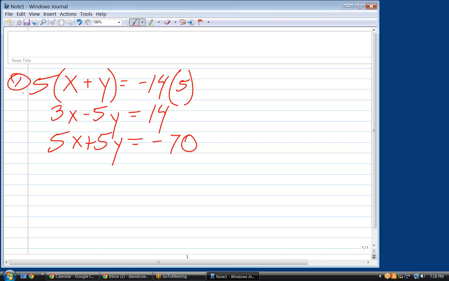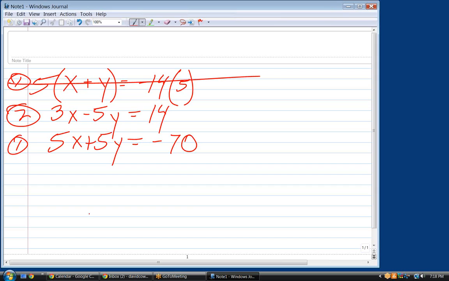So this used to be equation 1, now this is equation 1. And I actually do find it helpful to number these. Not so necessary if you're just doing two variables, but the moment you get a third variable, it's really helpful to number them. Okay. Now what?